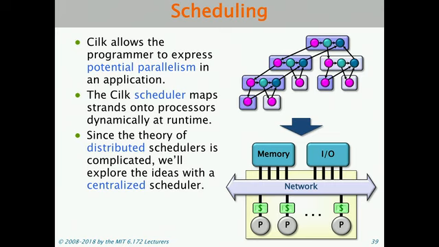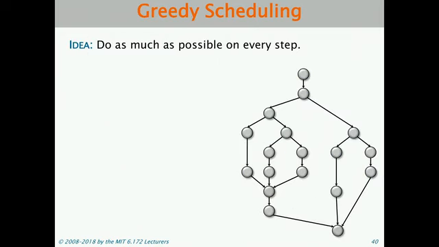The centralized scheduler knows everything about what's going on in the computation, and it can use that to make a good decision. So let's first look at what a centralized scheduler does, and then I'll talk a little bit about the Cilk distributed scheduler, and we'll learn more about that in a future lecture as well.